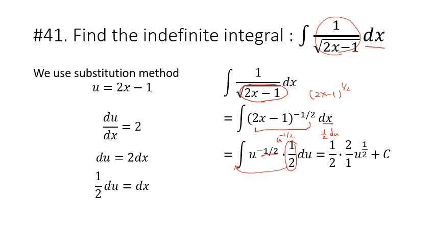And the power goes up by 1. Negative 1/2 plus 1 is 1/2. So the reciprocal, 2 over 1, u to the 1/2 plus c. This cancels out. So u, so 2x minus 1 to the 1/2 plus c. But 1/2 power means square root. So we can rewrite it as square root of 2x minus 1 plus c. This one is our indefinite integral.